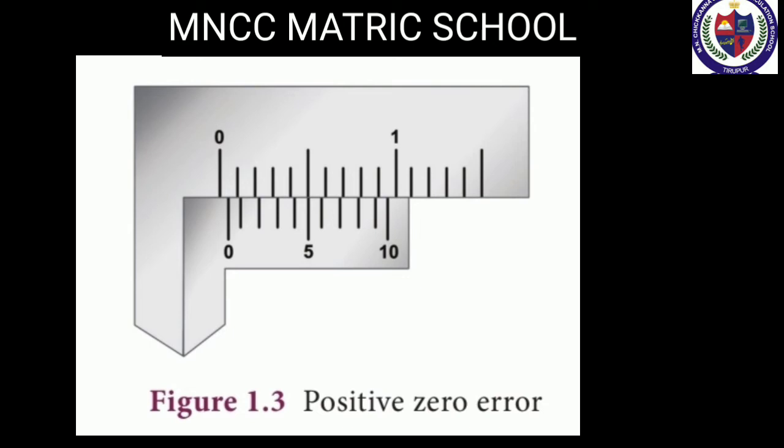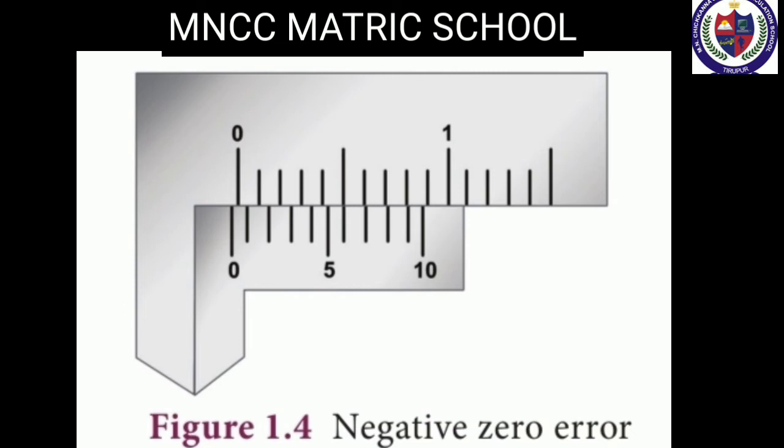Zero error may be positive or negative. If the zero of the vernier is shifted to the right of the main scale zero, it is called positive zero error. On the other hand, if the zero of the vernier is shifted to the left of the zero of the main scale, then the error is called negative zero error.